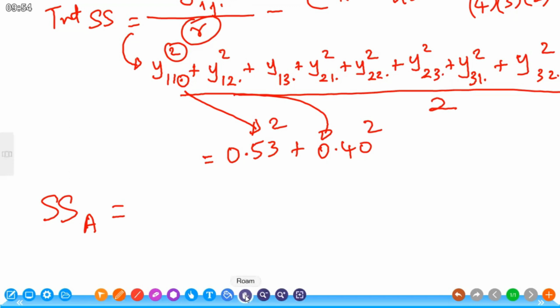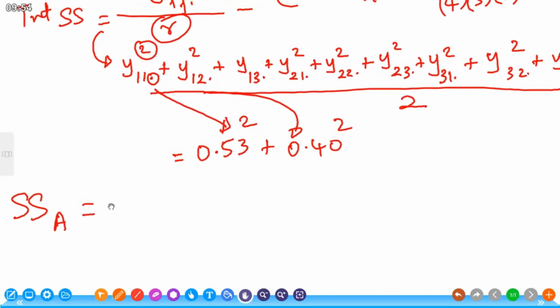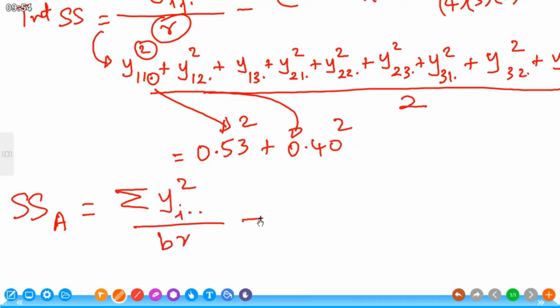Everybody should have written the formula when I showed you in the PowerPoint. Can somebody tell me? Summation yi dot squared over br minus C. Correct?